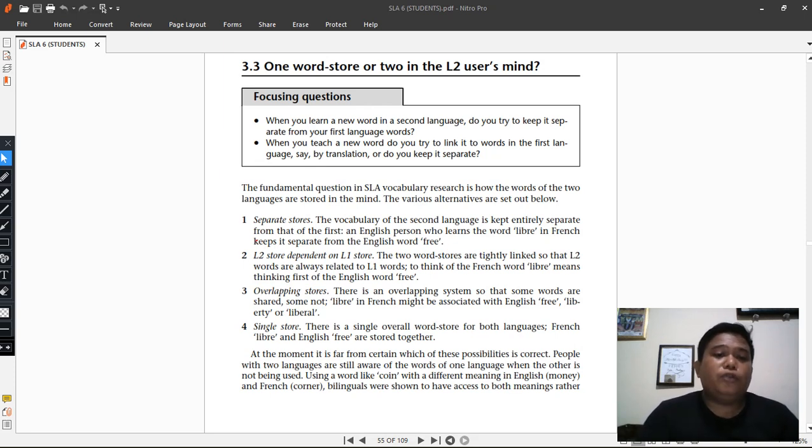So how do you teach the students and make them remember the vocabularies by doing the separate stores? That's a simple but difficult question. How to make them do the separate stores, not the overlapping or the single store?